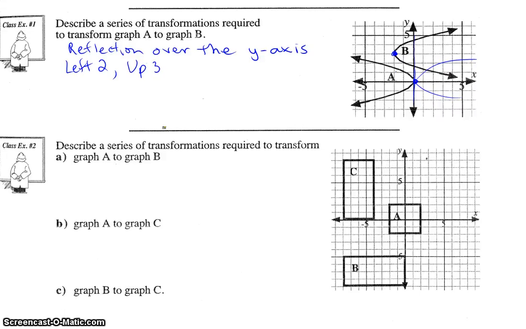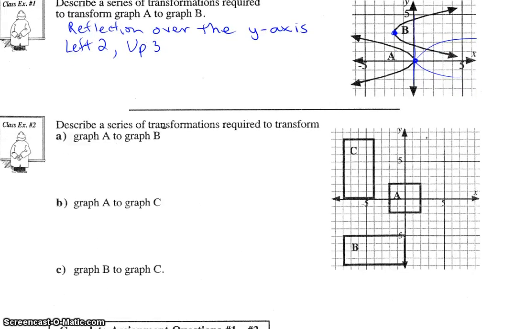Describe a series of transformations required to transform graph A to graph B. Okay, so let's take a look. Graph A to graph B. So check out the shape to determine the stretch. All right, definitely a different shape horizontally, but vertically this height of 4 and the height of 4 didn't change, right? So horizontally, this width of 4 is now a width of 8.